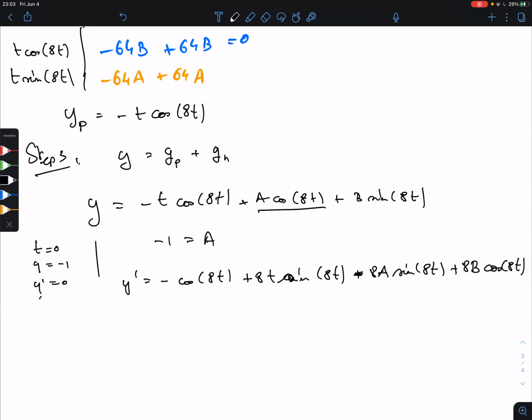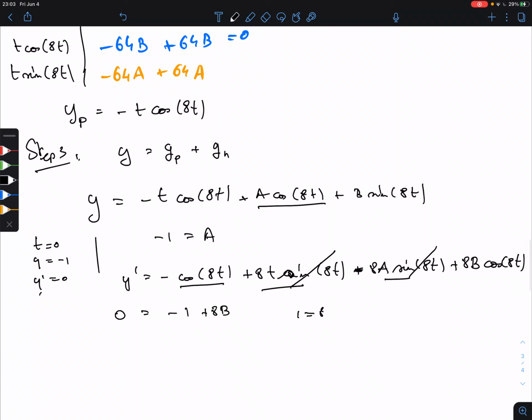And we put t equals to 0, we see that the cosine survives, and this is gone, so this plus 8b. And so I get that 1 is equal to 8b, and so b is 1 over 8.